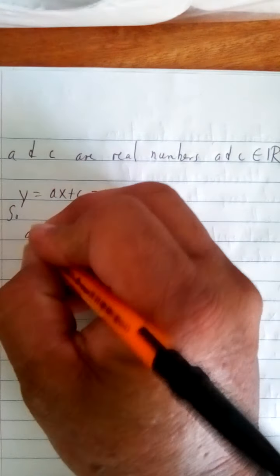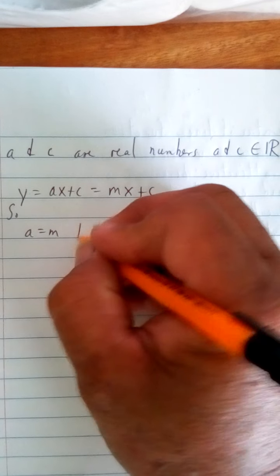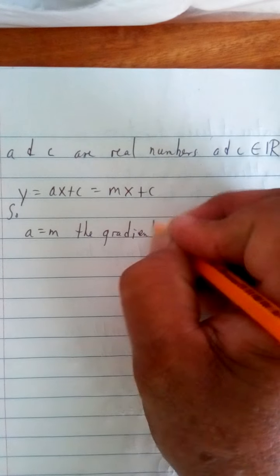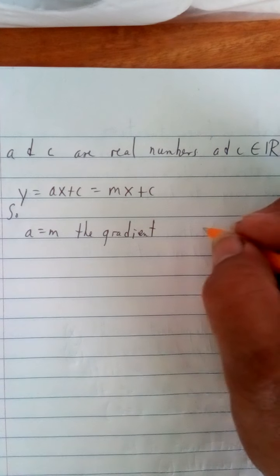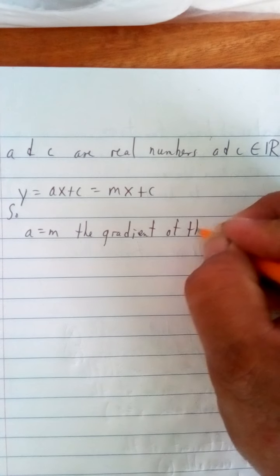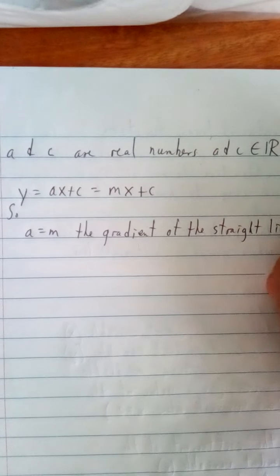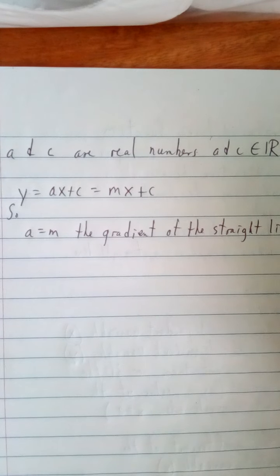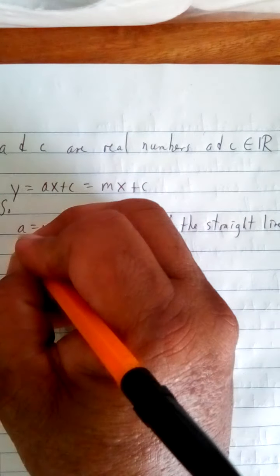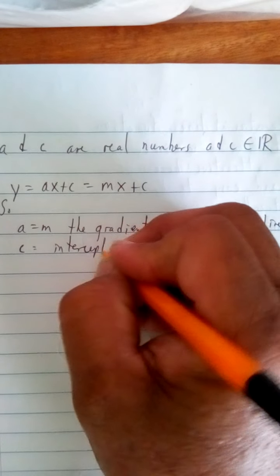So a equals m, which is the gradient. Just in case you are given different letters from what you usually get in class, they might change it. The gradient of the straight line or linear function. Okay, c again is the intercept, not a problem.